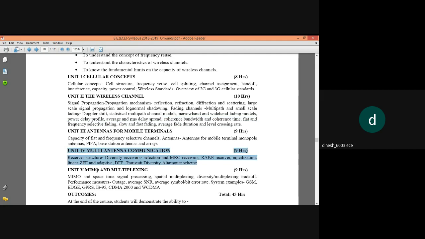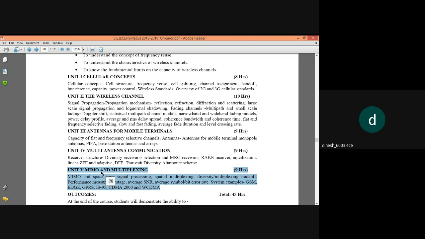Next, in unit 5, we are going to see the special cases of MIMO, multiple input multiple output technology, used specifically in spatial multiplexing for higher data rate transmission in wireless communication systems.